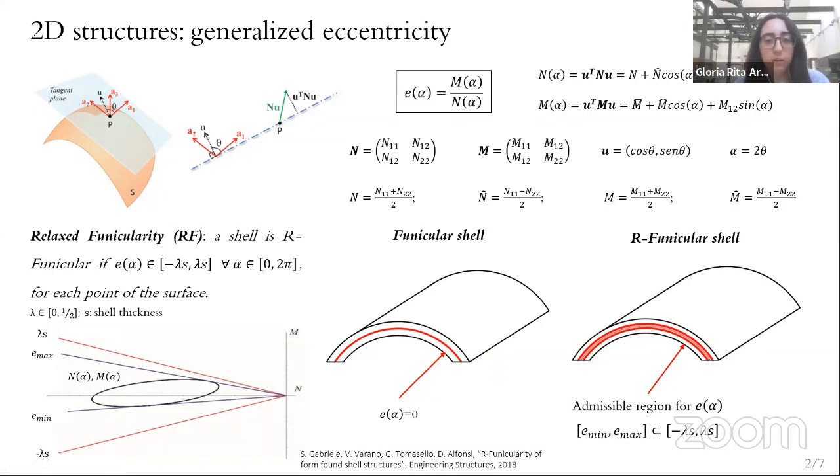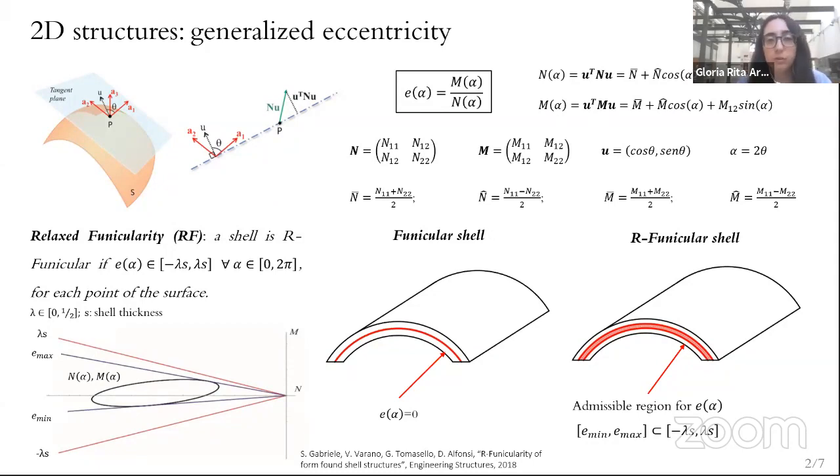in this case, generalized eccentricity has been defined by some of the authors, and this is a measure that allows us to know the eccentricity in each point of the analyzed surface and in all the possible directions.